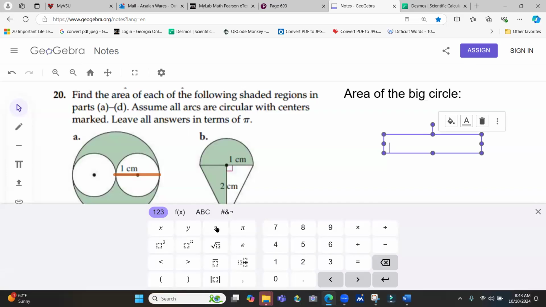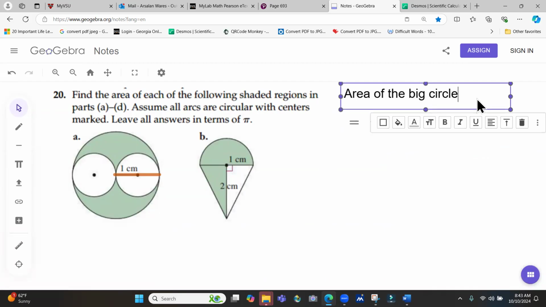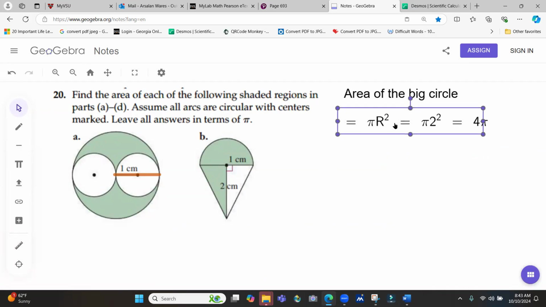So I'm going to say pi r squared. And r is 2. So it's going to be pi 2 squared, which turns out to be 4 pi. So the area of the big circle is 4 pi.